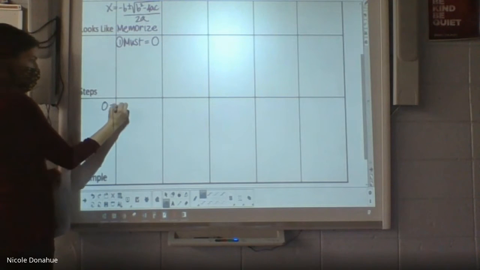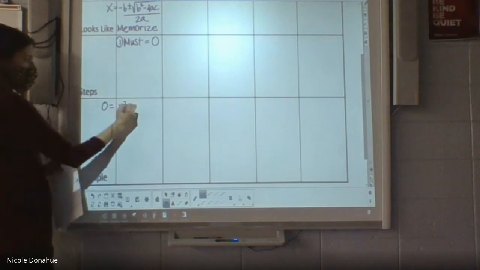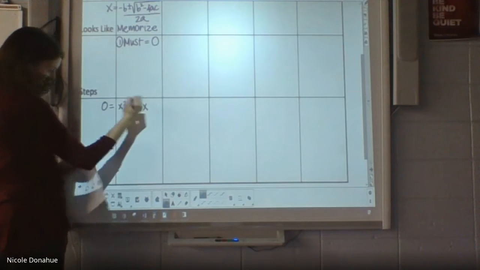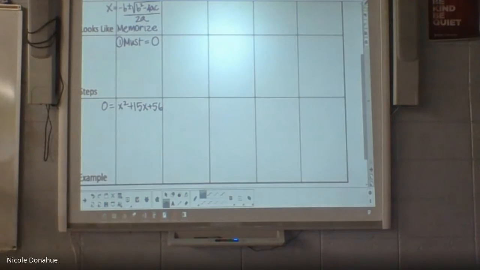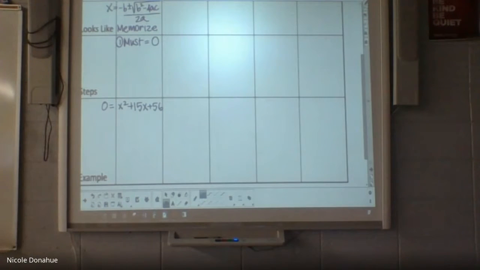So if I like 0 equals, so it must equal 0. I already have it equaling 0 to save us a little bit of time.